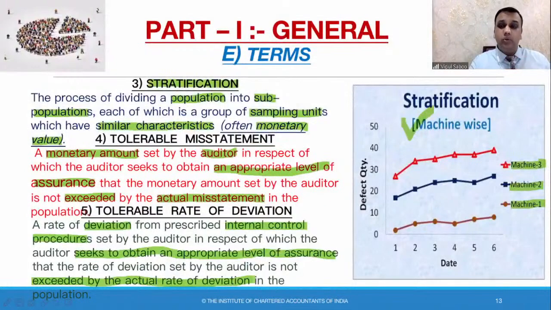So I found through the attendance register or the log that the security guard was absent for 1 day, and for other days when he was absent, another security guard was posted at his place till the first one resumed his duty. So this is within my tolerable rate of deviation, within my tolerable range. So: stratification, tolerable misstatement, tolerable rate of deviation.